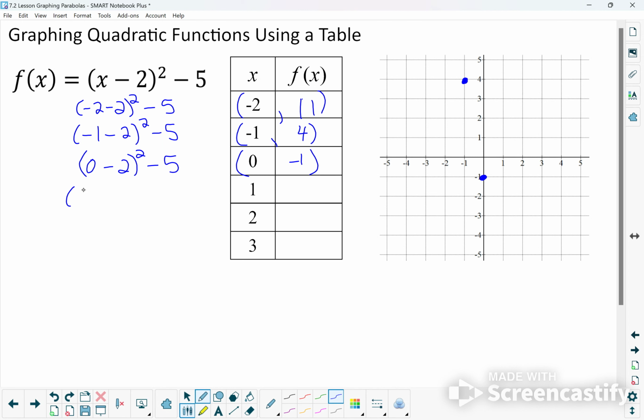If we sub in 1, that is -4. Now we're subbing in 2. 2 minus 2 is 0, so this is 0 squared minus 5. That's -5.